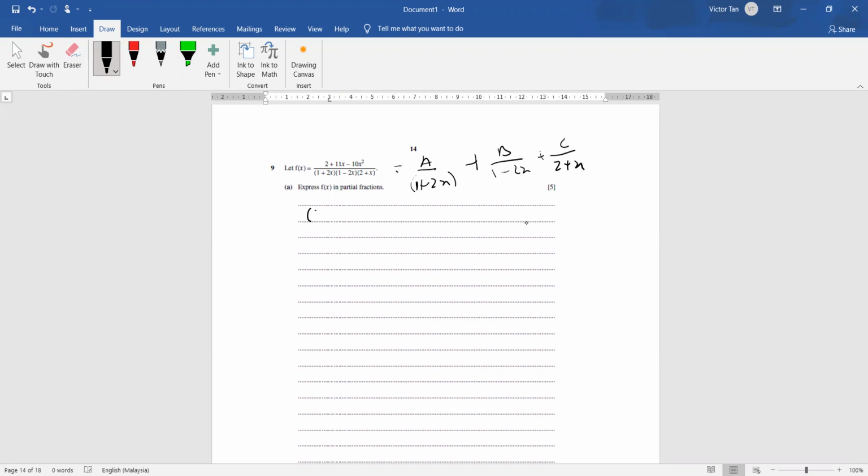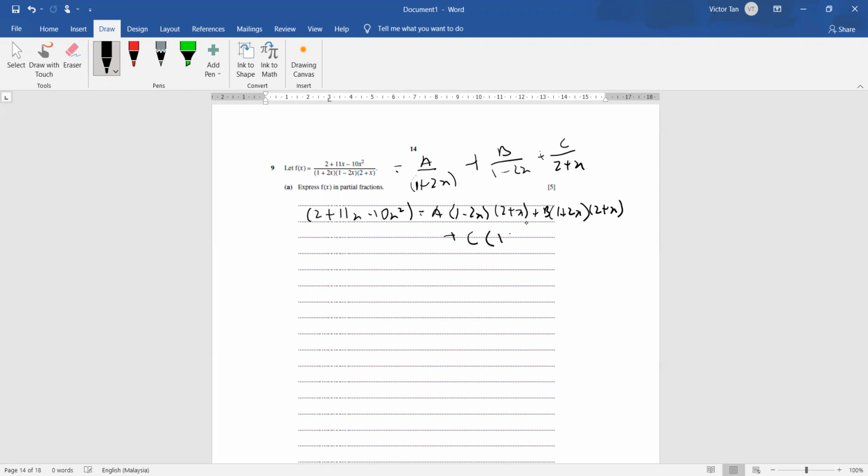So you have 2 plus 11x minus 10x squared. Now you can only continue this if the degree of the numerator is lower than the degree of the denominator.